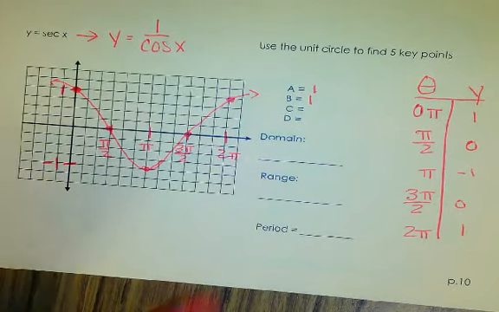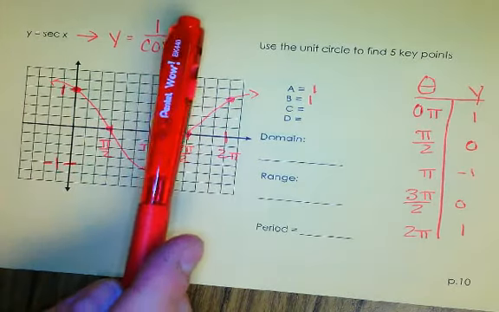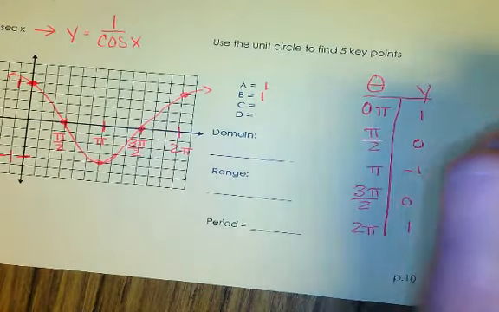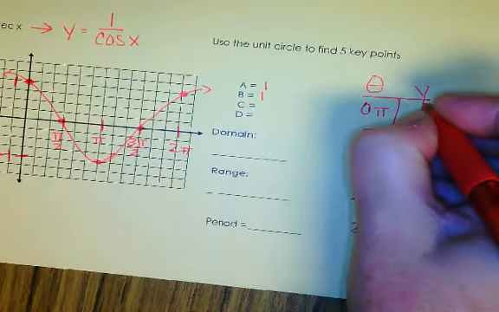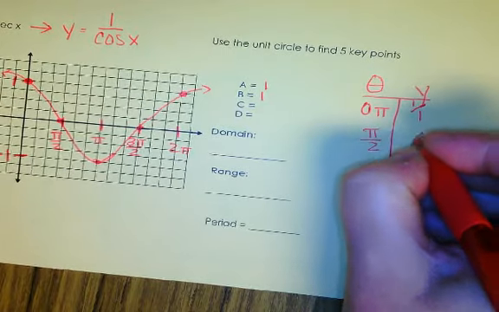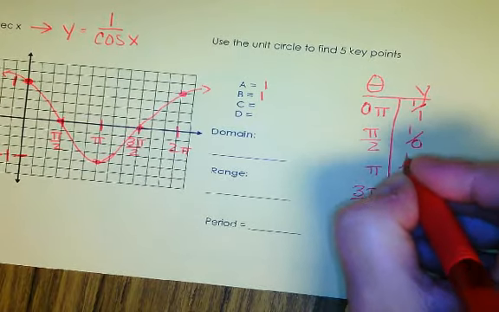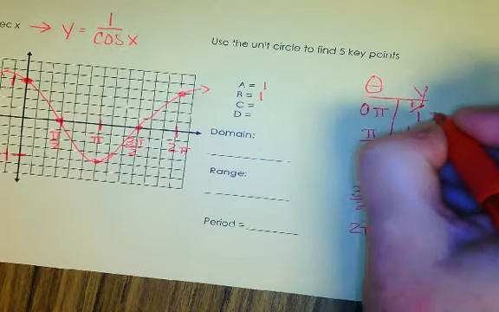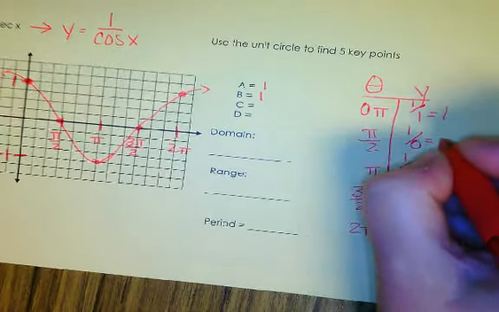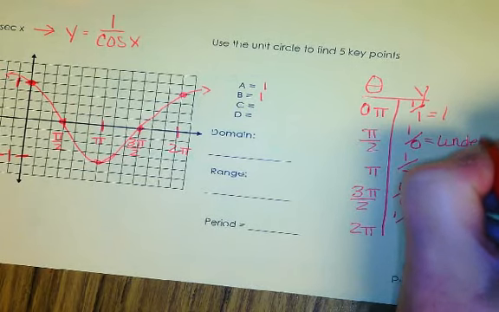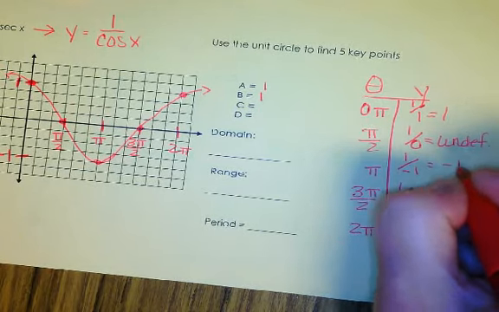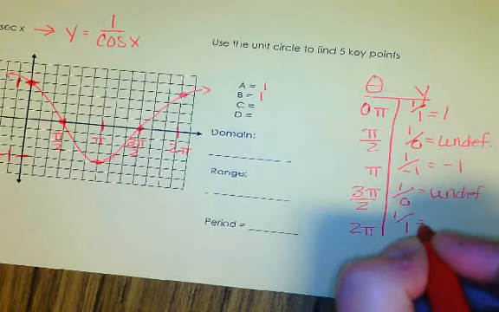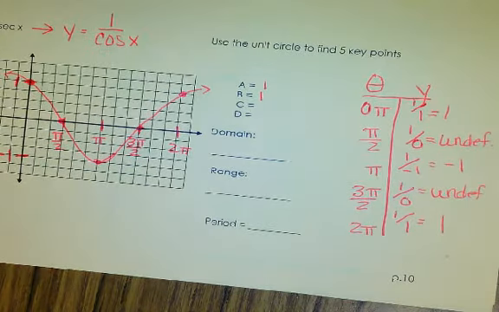But because secant is really 1 over cosine, I'm now going to put a 1 over all of these. You can probably start noticing that I'm going to have some undefineds again. So 1 divided by 1 is 1. Can't divide by 0, so that's undefined. This would be -1, this is also undefined, and that is 1.